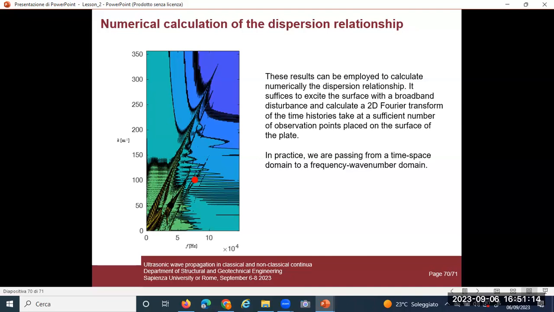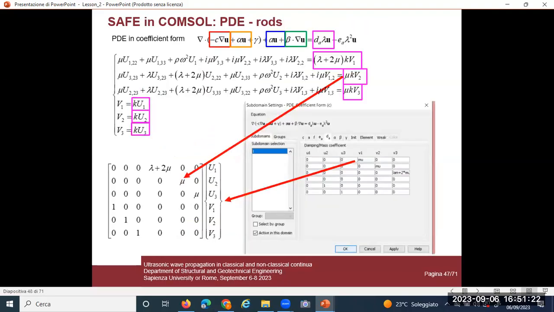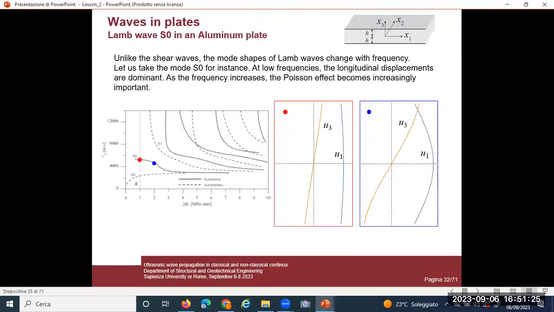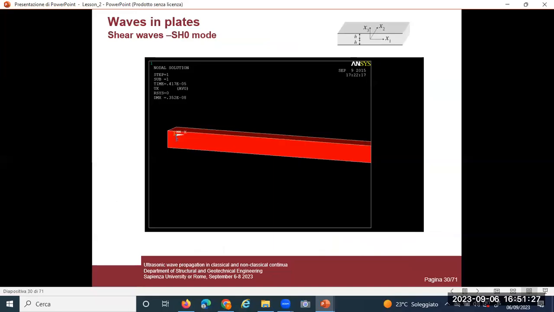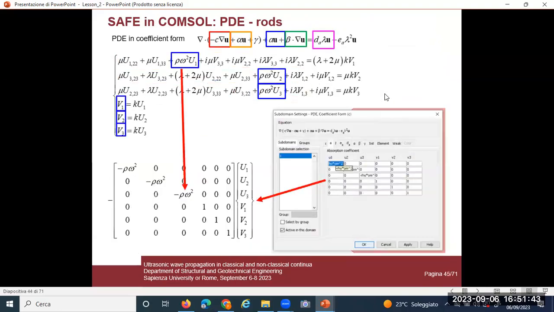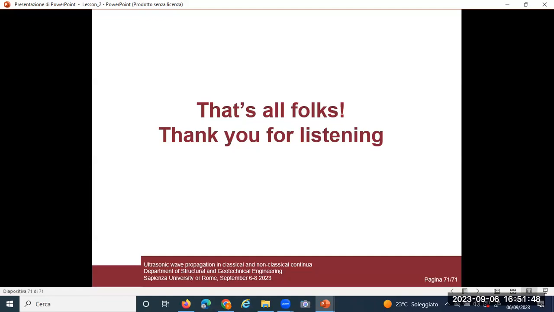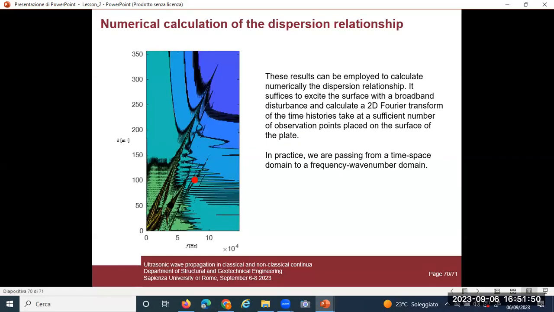You see that this one is pretty similar to this one. They are the same. Yes, the same curve.